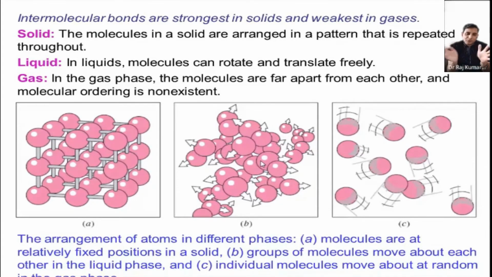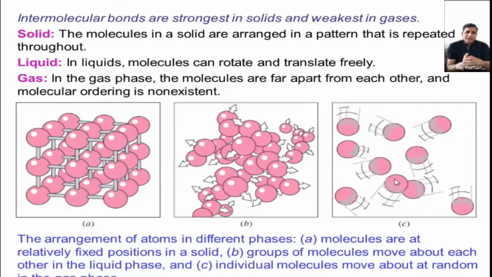So they are free to move, but not free to leave the surface, so you can say they have a fixed mass, not a fixed volume. In the case of gases, all are free. Cohesive forces are not there. The molecules can leave any surface, so they need a confined boundary. Fine. So these are the definitions you already know.